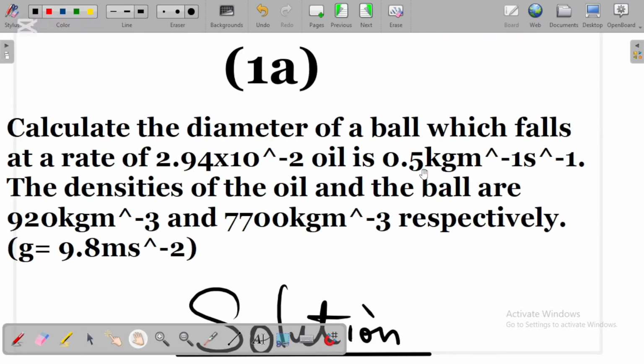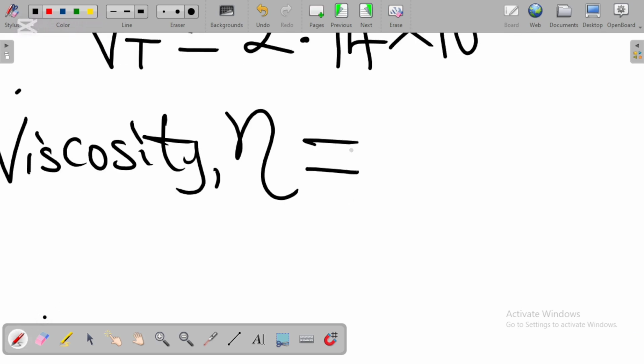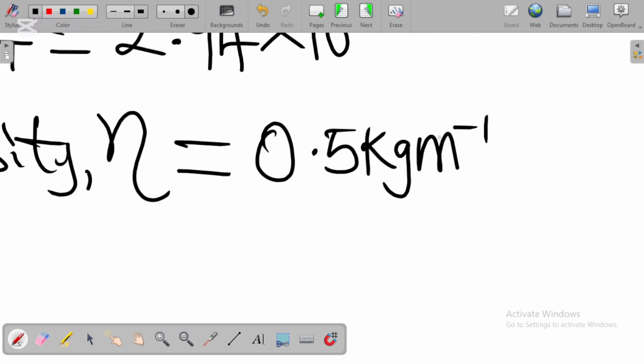Viscosity is equal to 0.5 kilogram per meter per second. So we have here 0.5 kilogram per meter, and then what? Per seconds.